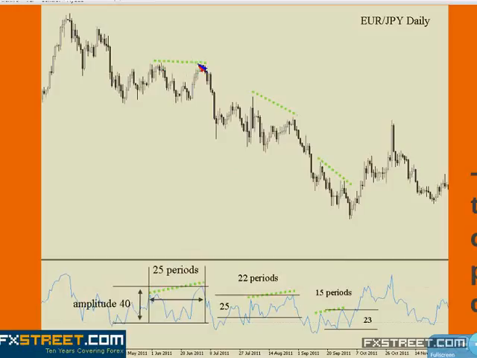In that case, we have a quite flat line here. That would also count as a valid hidden divergence, since the second peak in the oscillator was significantly higher than the first one.